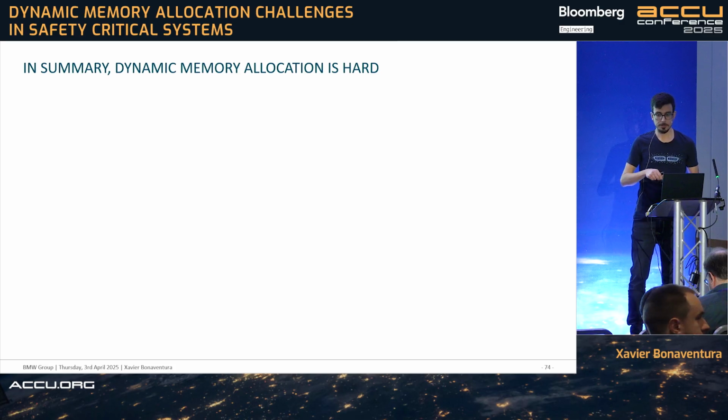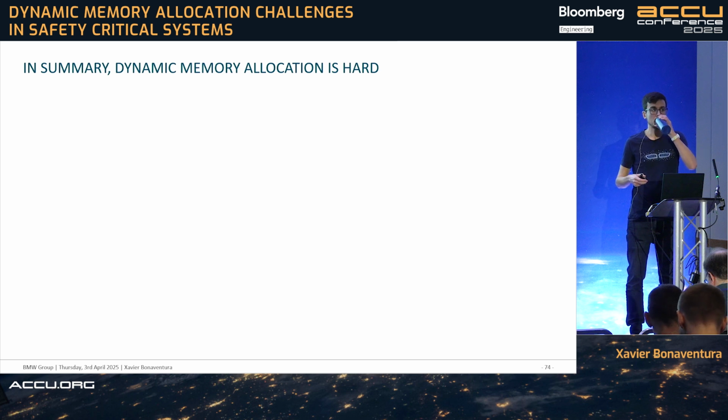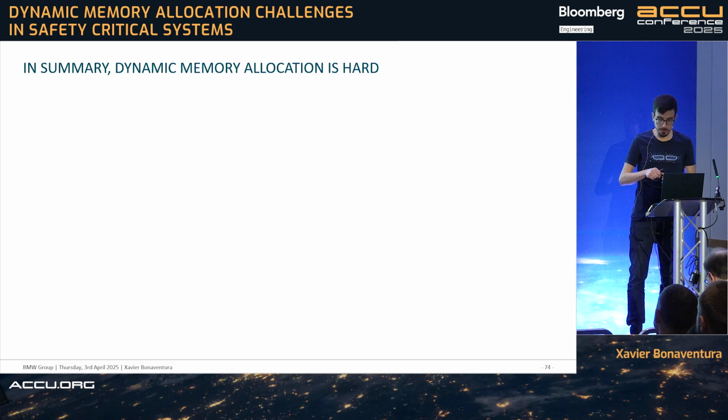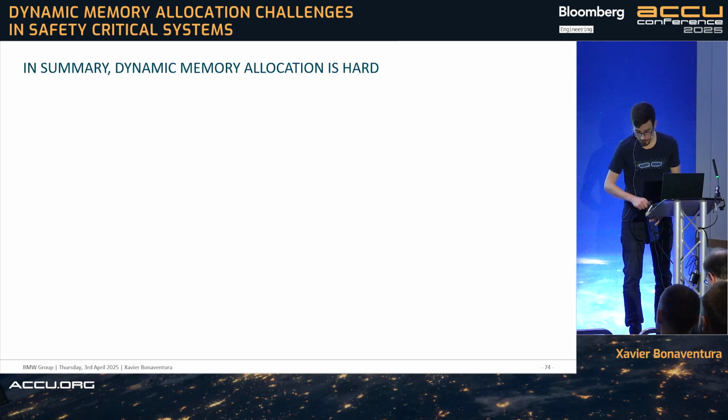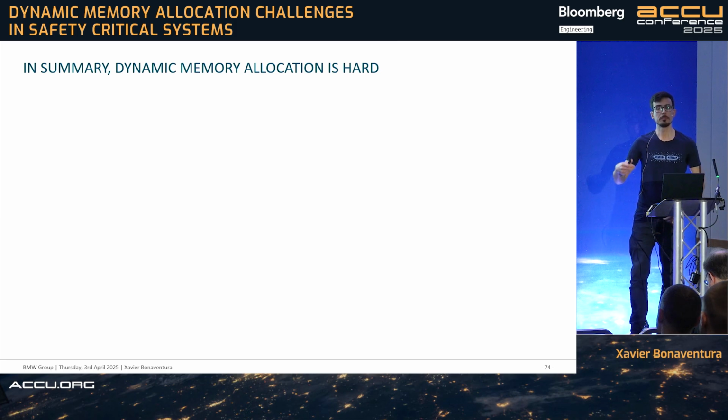Let's try to recap on the summary here. What I want to show you with this talk, I'm not so sure how many of you are aware of all the issues or all the things to consider. The point here is that this is not so trivial.